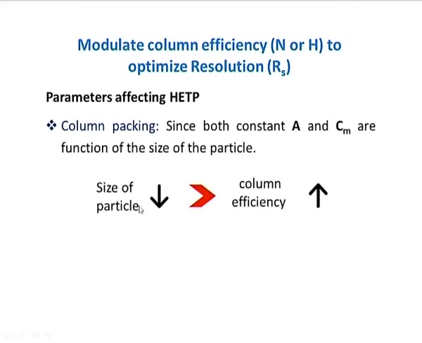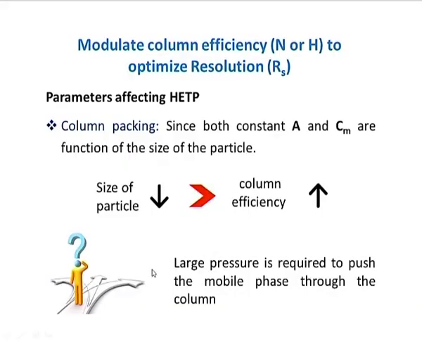So, if you decrease the size of the particles, your column efficiency will always go up. But is there a limit? Yes, there is a limit, because if you decrease the size of particles beyond a limit, you would incur large pressures to push the mobile phase through the column, and then your column will not work as expected.